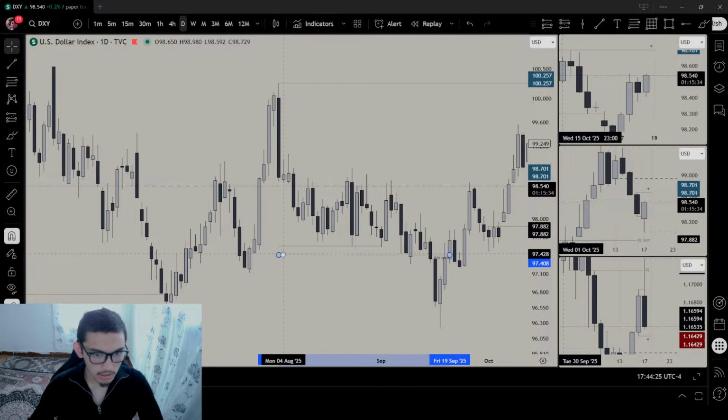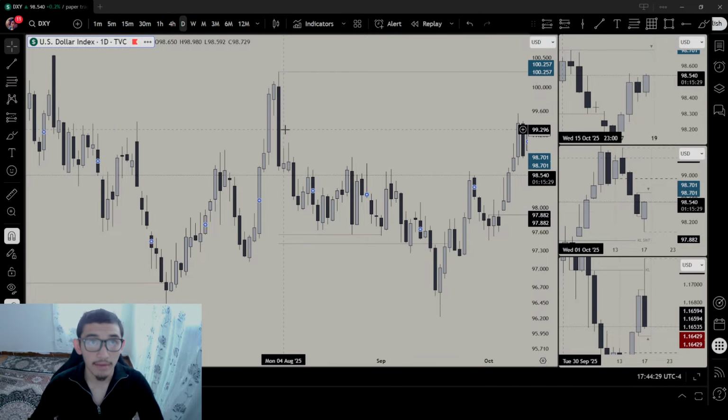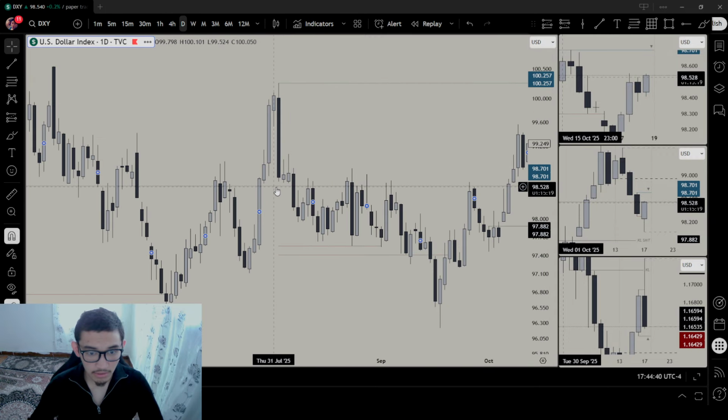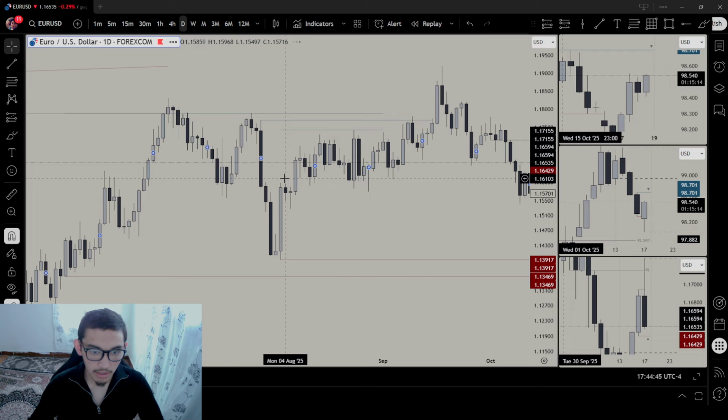Now I think on DXY it looks much different, right? You see on DXY it's also a bullish candle. So our CRT is this candle, I'm pretty sure. So they look different on each other pair. They look kind of different. But you can see your CRT, your order block, could be this candle, because this candle over here also.